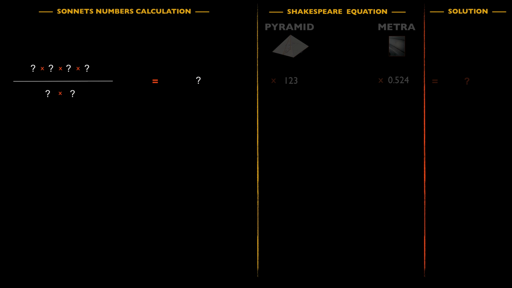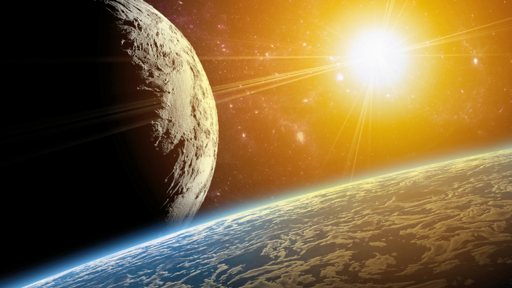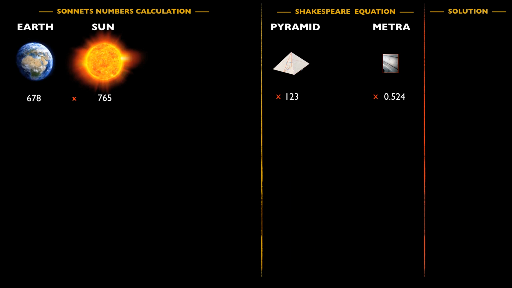But no, he uses the same formula over and over again. He takes the sonnet numbers he wants to give us some calculation for, multiplies by the Shakespeare equation, which is always the same, the pyramid times pi over 6, to give the solution. So for instance, let's take distance Sun to Earth. I've already added up the sonnets that contain the word sun and the sonnets that contain the word earth here.